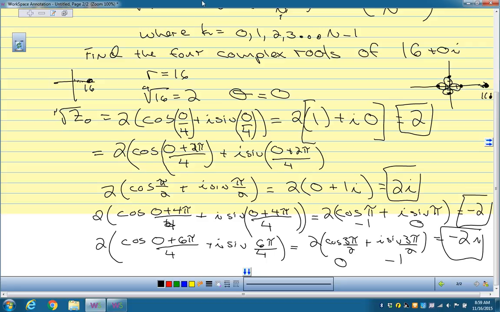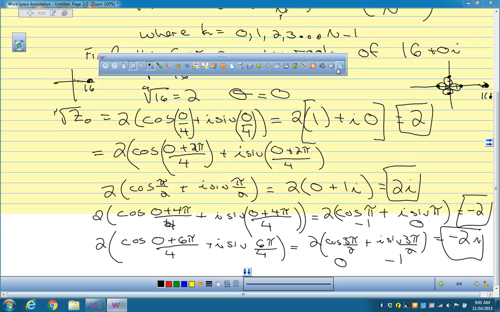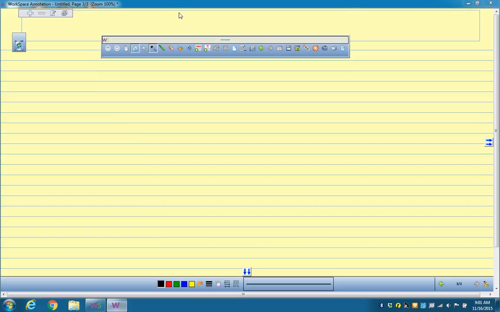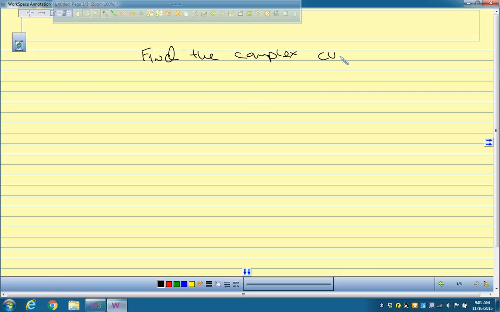So find the complex cube roots of 4 root 3 minus 4i. First thing you're going to do is find r.